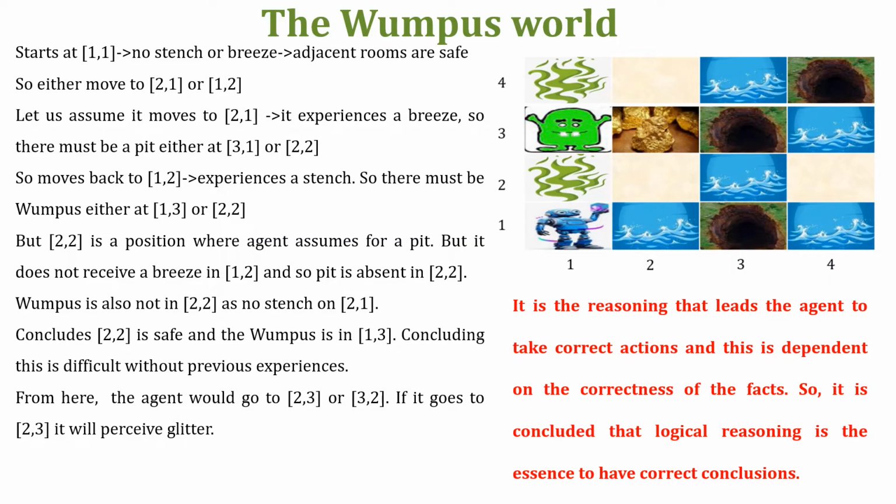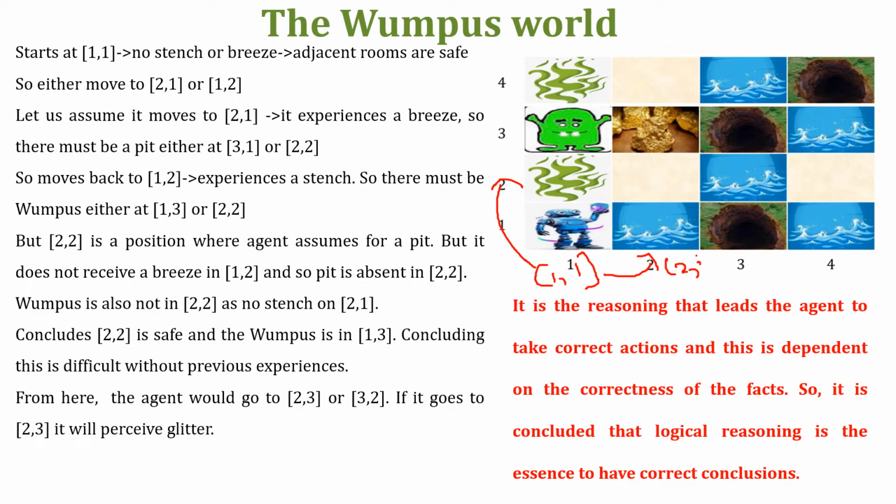Wumpus world problem. Now the agent is at location 1, 1. In this location there is no stench or breeze, which means the adjacent rooms are safe as per the fact. So from here the agent can either move to 2, 1 or to 1, 2. Assume that the agent has come to 2, 1.